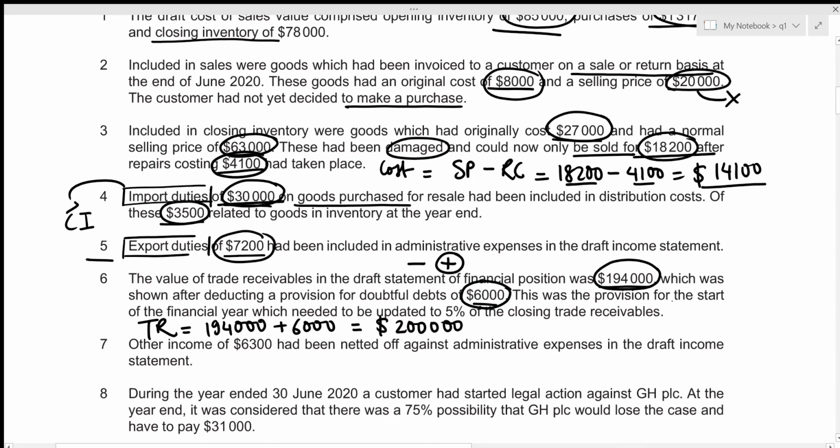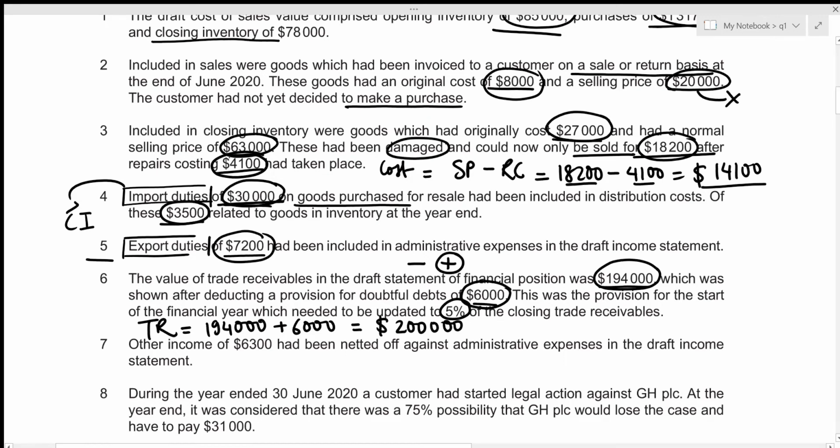Then this was a provision for the start of the financial year, which needed to be updated to 5% of the closing trade receivables. We could have easily multiplied it with the rate of 5%, but we also know that there was a sale made on a sale or return basis, and that value was definitely included in our trade receivables, because we included it as our sales.